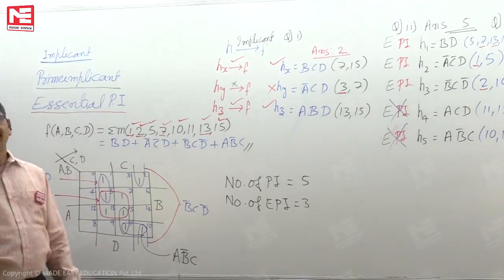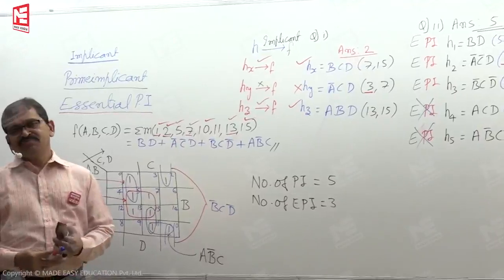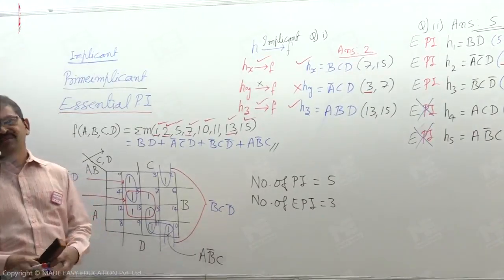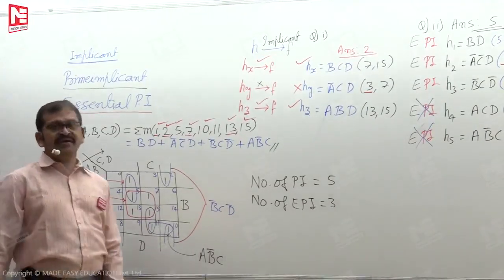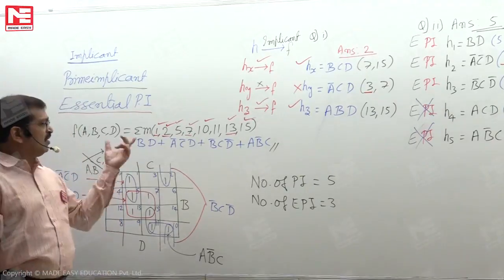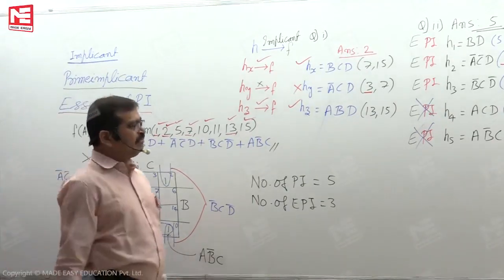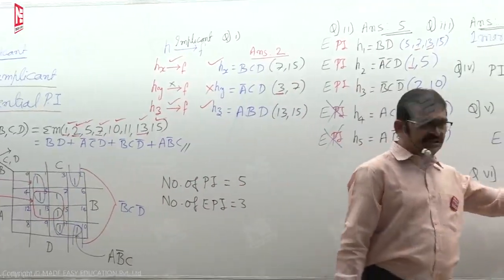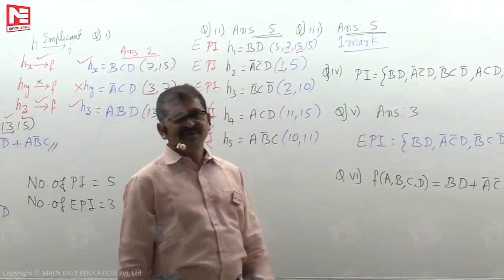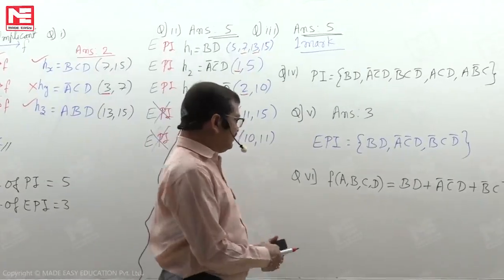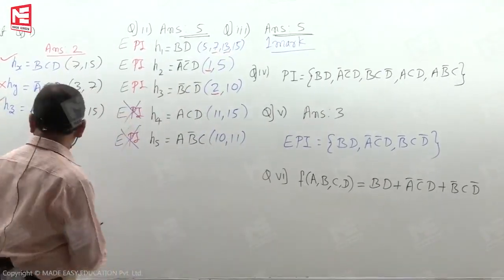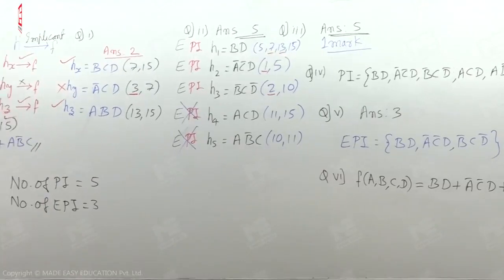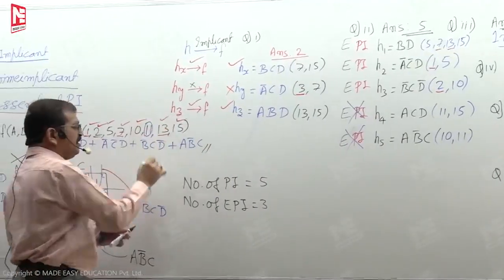So out of 8 minterms, 7 minterms are covered by these EPIs. Only one minterm, that is minterm 11, is not covered by an EPI.